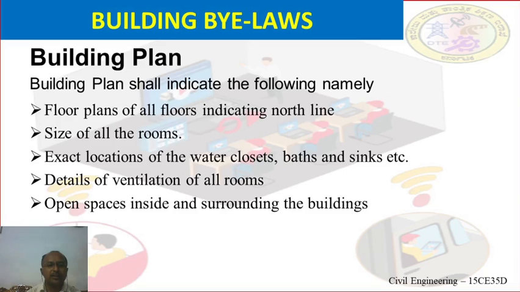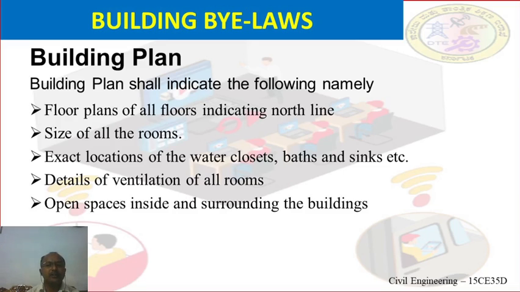And the details of ventilation of rooms. Here the details with the dimensions of the ventilation of all the rooms, that means doors and windows which serve as ventilation. All the door and window sizes must be shown, which are to be indicated by D1, D2 like that, and W1, that is window 1, window 2.